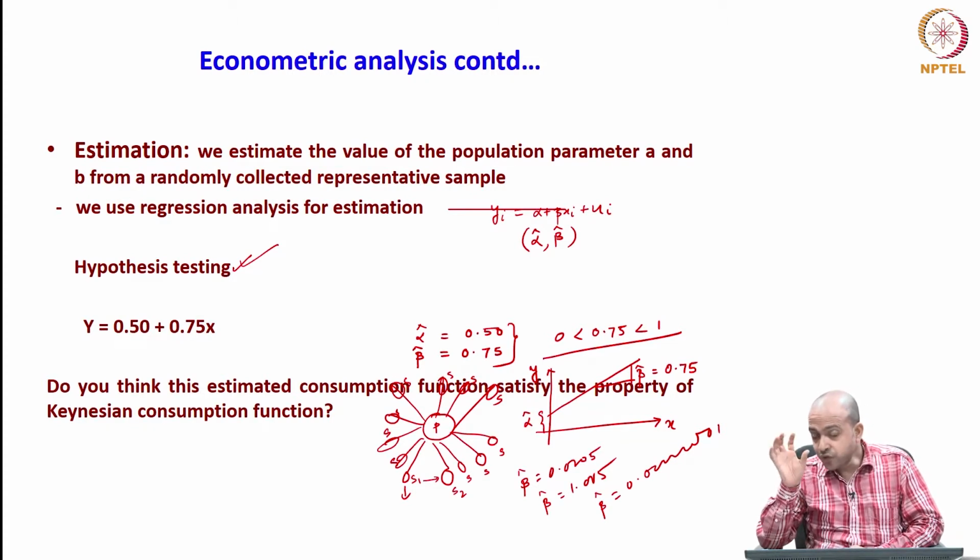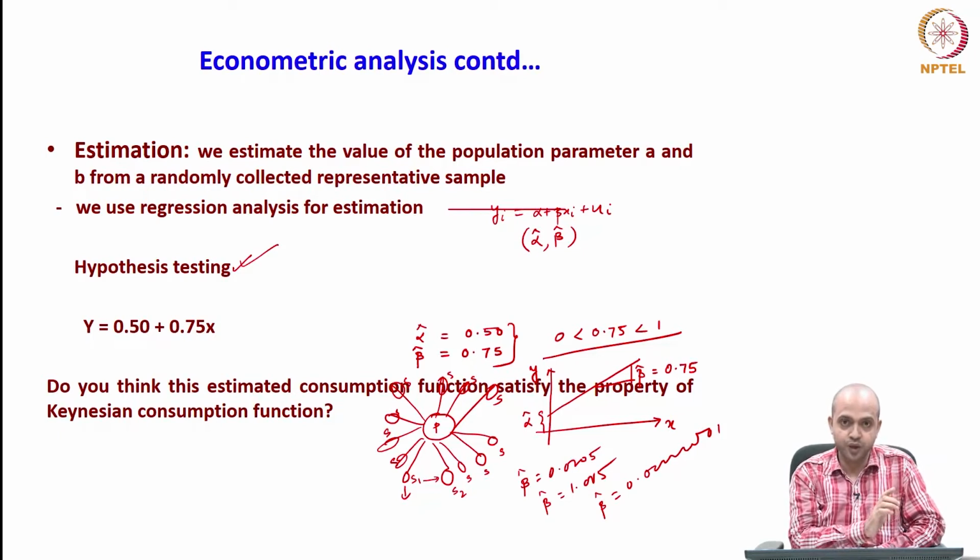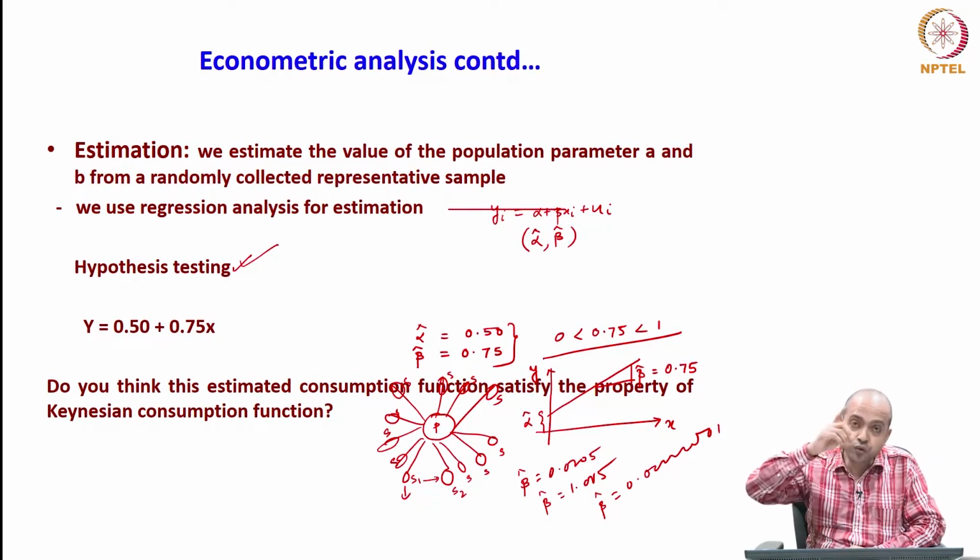And how do you draw inference about the population parameter? By checking whether the coefficient of income is statistically significant or not. If the coefficient is statistically significant, then we can say that income has a significant impact on consumption. That is the inference we are going to make about our population, okay?